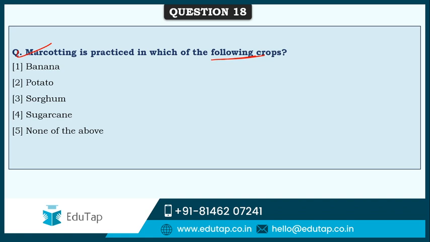Amarjyot is saying 4, sugarcane. Okay. 4. Anurag saying no idea. Manjeet Rathod 4. Baliram 4. Yes, the correct answer is sugarcane.